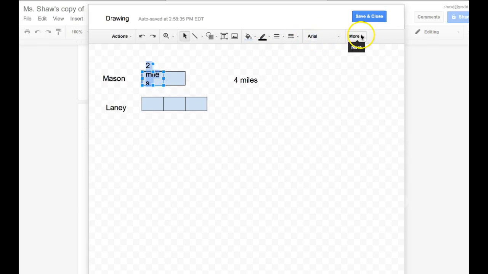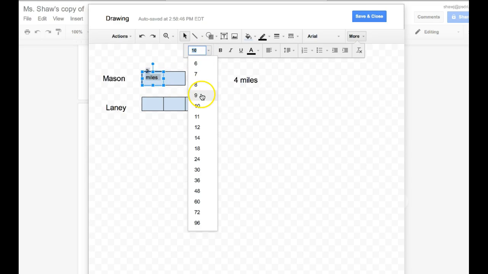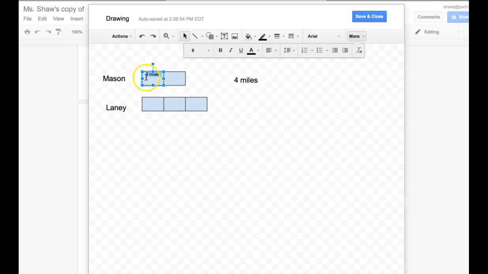And let's see if we can change our font size, and we can. And now it should all fit in there. Here we go. 2 miles.